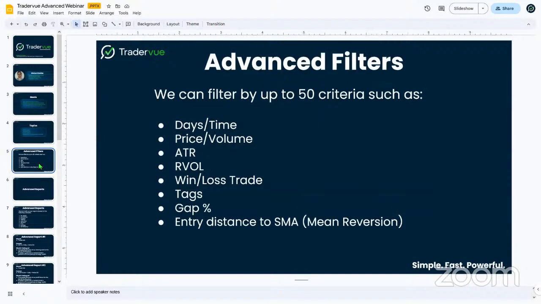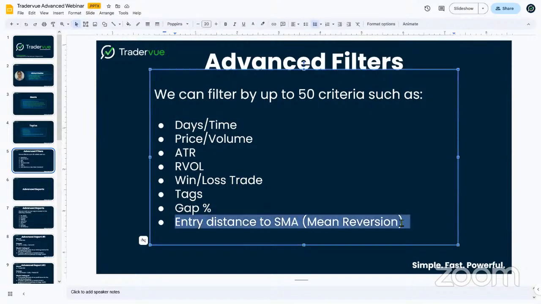So in the advanced filters, basically we can filter by up to 50 criteria, such as days, times, price, volume, ATR, win/loss, trade result, tags, gap percentage, entry distance to SMA.